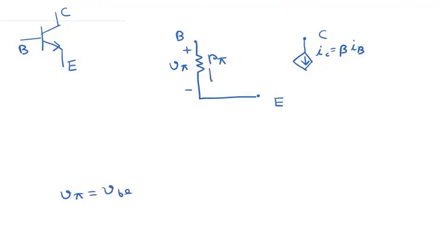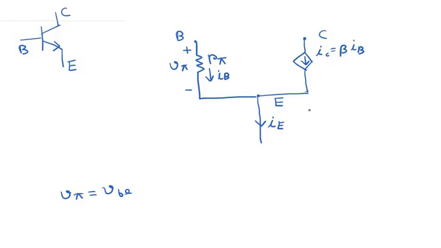And through this resistor R pi, the AC component of the base current flows, because we are dealing with the AC components, or the small signal models. Here the collector current flows, and through this collector junction, the collector current IC equal to beta IB flows.